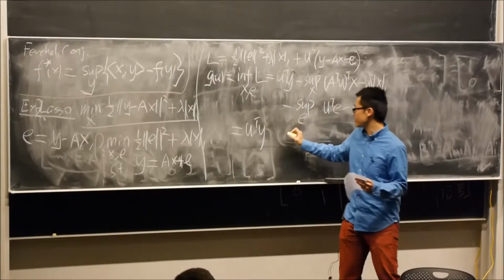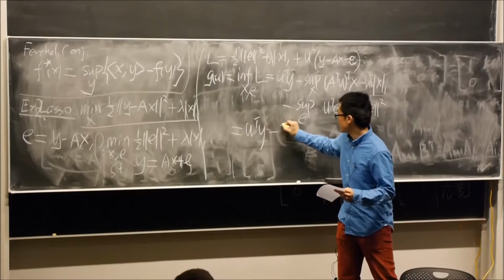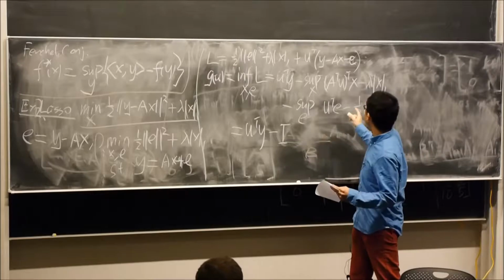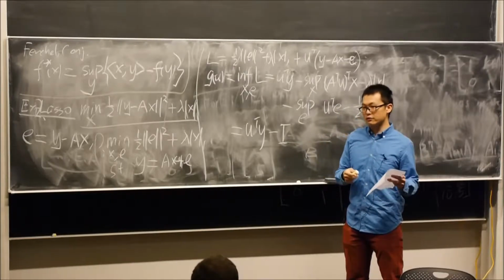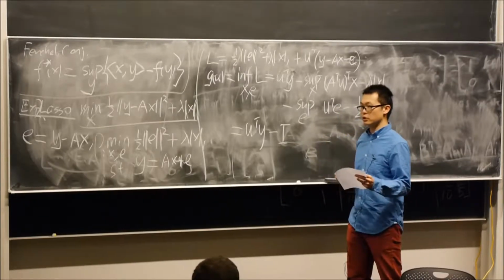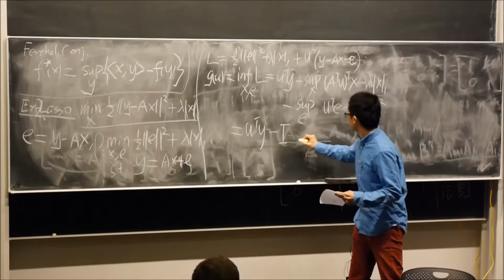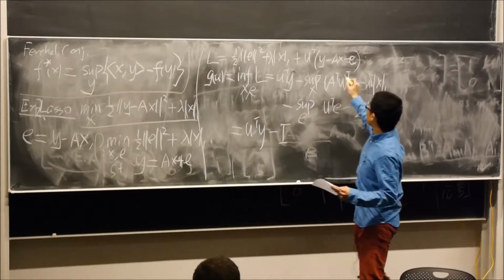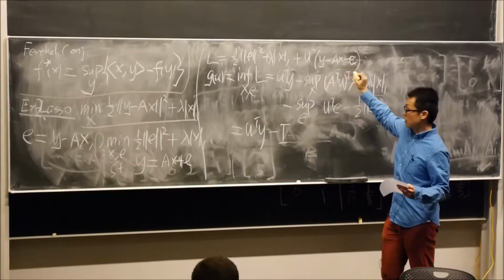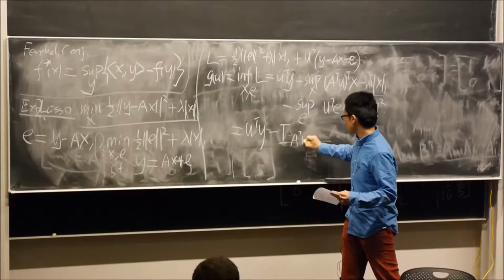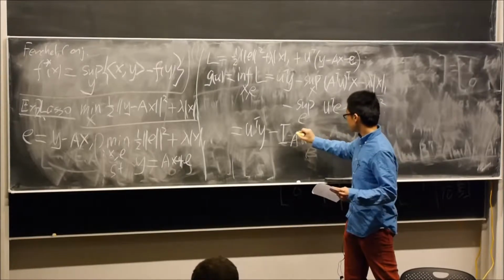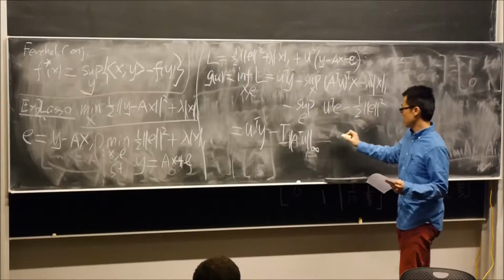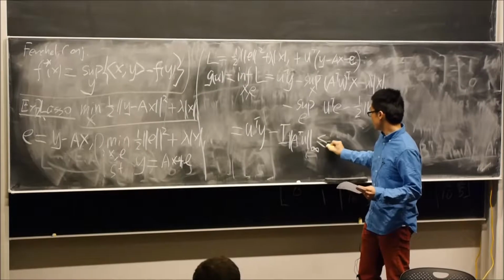What is that? That gives us an indicator function which, when u is in the set, gives you 0, and when u is not in the set, gives you infinity. And what is this y here? This y here is simply Au together. Then we have A transpose u, its infinity norm, which is the dual norm of the 1 norm, to be smaller than or equal to lambda.